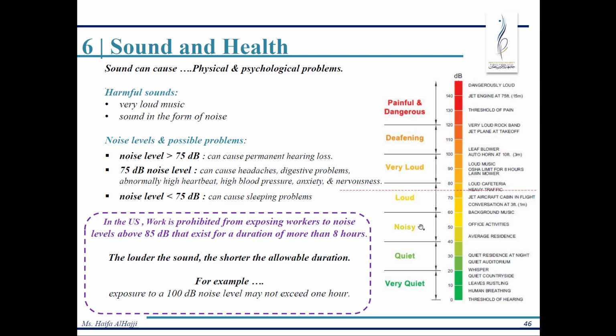Now there's a noise level that you should not trespass, which is 75. 75 is considered loud, and if you go above 75, you will start getting health issues such as sleeping problems, headaches, and other anxiety issues. So you need to keep the sound level in a space as much as possible at 70 or below. Above 75 is not good for the health.